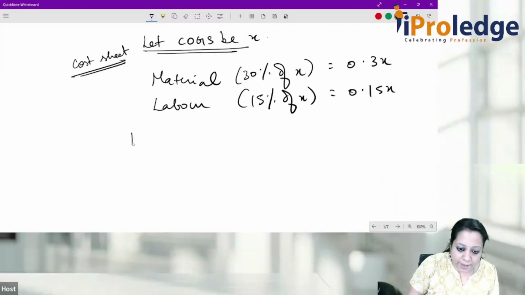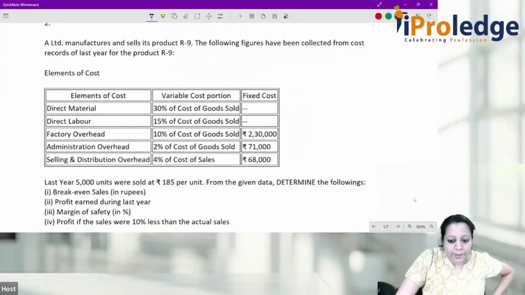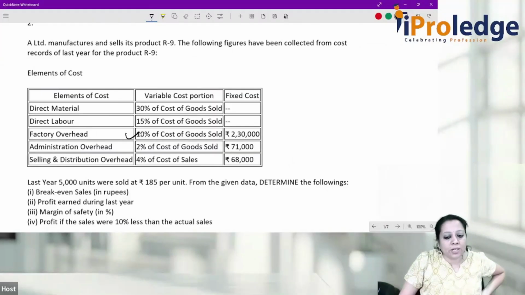Then factory overheads. All of you see the question. In factory overheads you have a variable portion and a fixed portion. In a normal cost sheet we take both together, unlike in a marginal cost sheet. We are preparing a normal cost sheet, then we will answer all the points.